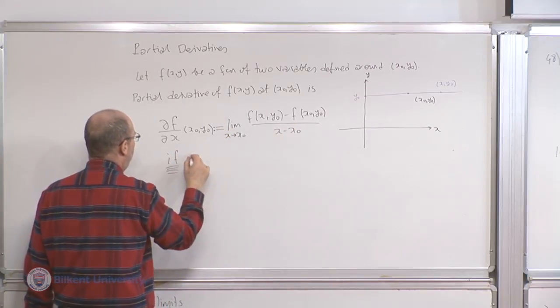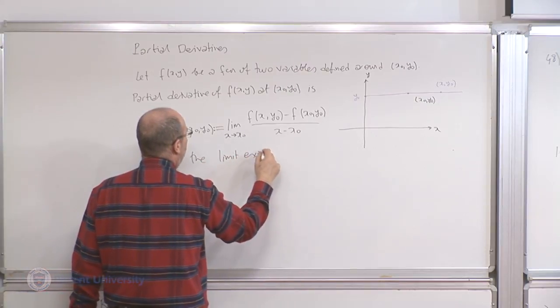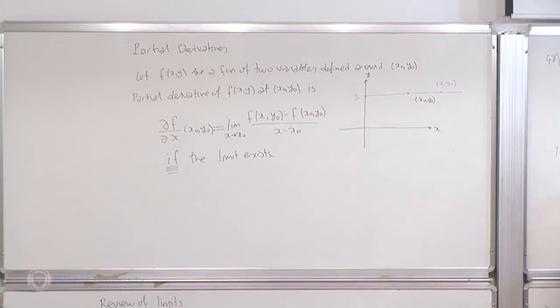Because we have lots of examples where the limit exists and where it does not exist. If the limit does not exist, we don't talk about the derivative. We say the derivative does not exist.